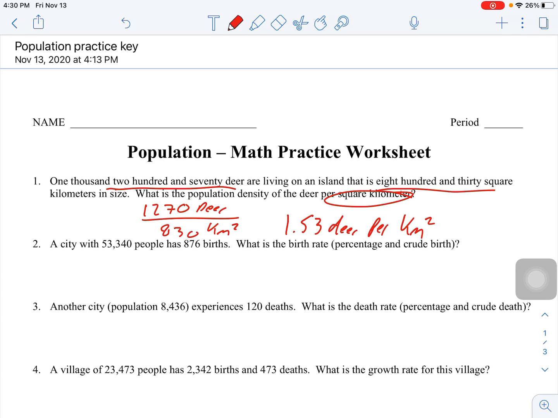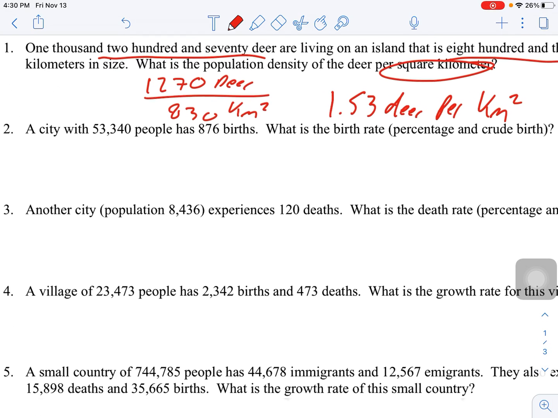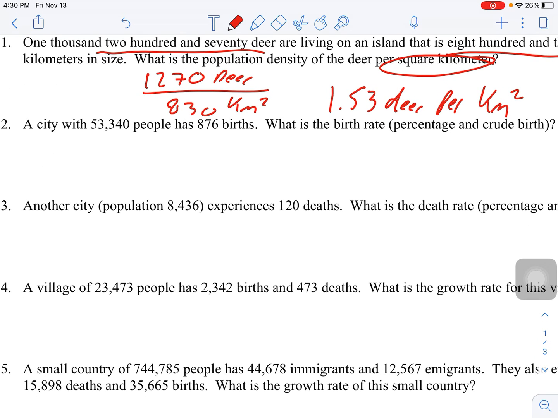Okay, so now let's go to question number 2. A city with 53,340 people has 876 births. What's the birth rate? We have the birth rate as a percentage and as a crude birth rate, and to remind you, a crude birth rate is per 1,000 people.